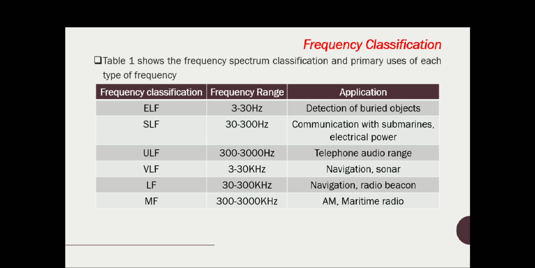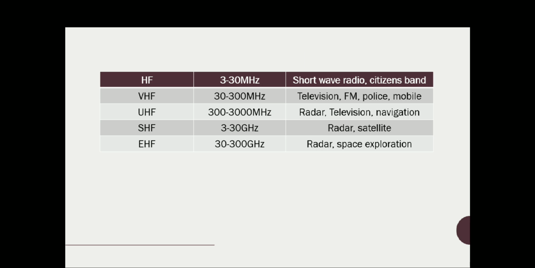Then MF is the medium frequency, that is 300 to 3000 kilohertz. Applications are amplitude modulation, maritime, radio, etc. Then HF is high frequency, that is 3 to 30 megahertz. That is shortwave radio, citizen band, etc.